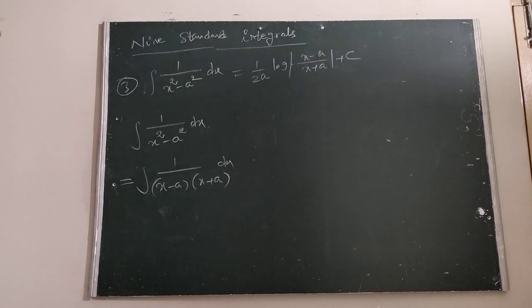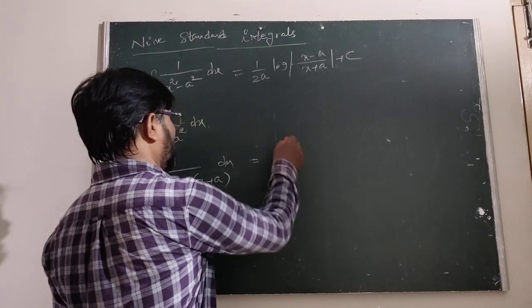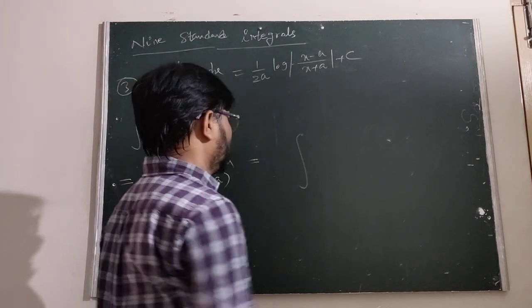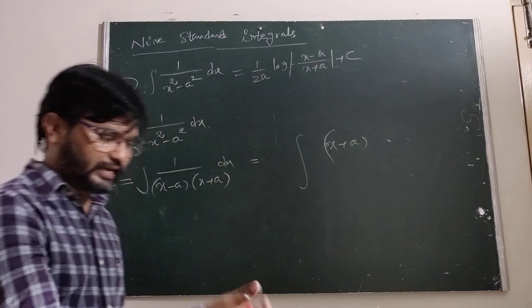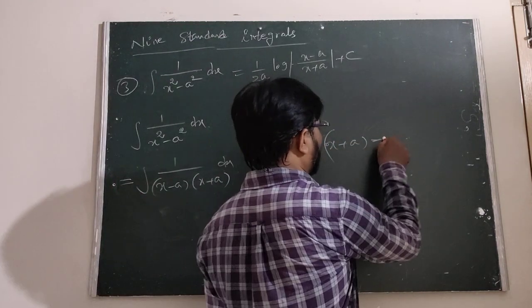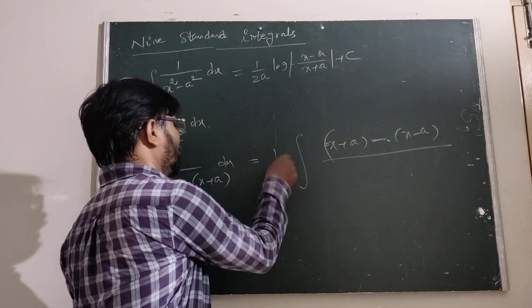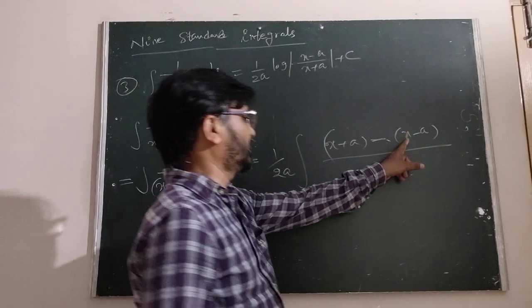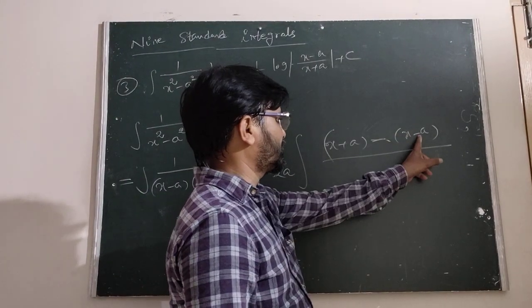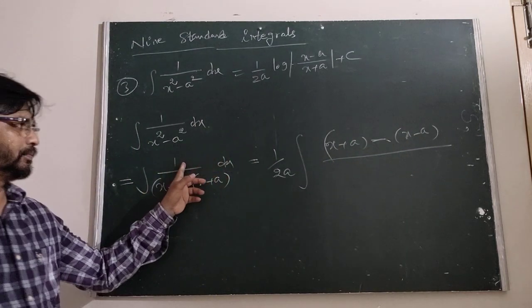Now how do we write this one? All of you listen here. x plus a minus of x minus a, over 2a. Is it okay or not? x is cancelled, minus of minus is plus a, a plus a is 2a, and 2a by 2a is 1.